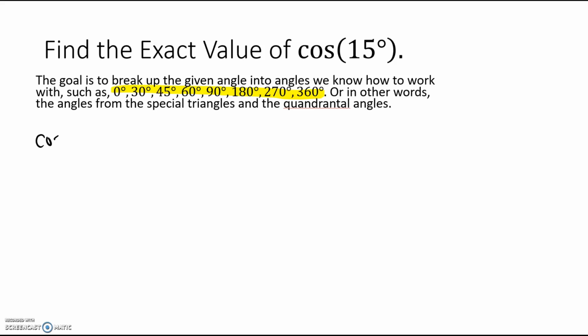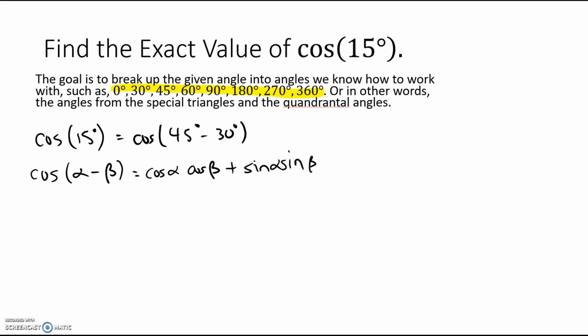So 15 is equal to cosine of 45 minus 30. Now you can also do 60 minus 45. That would also work. Now since we have two angles that are being subtracted, we need to use this formula right here.